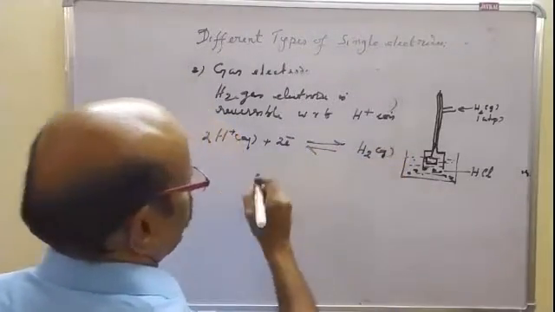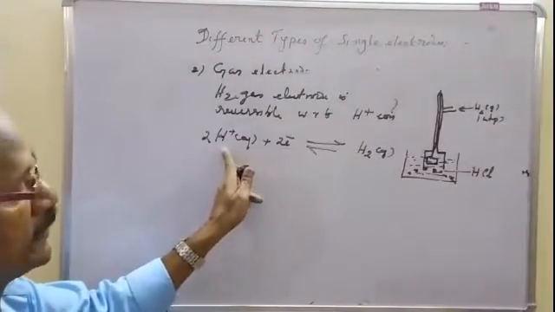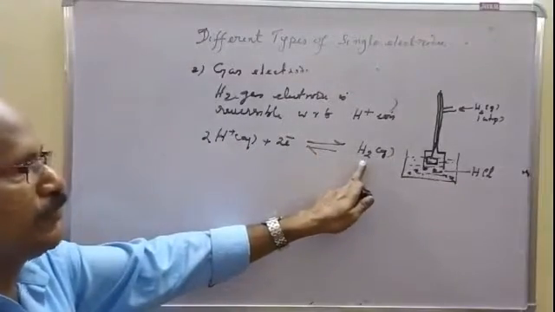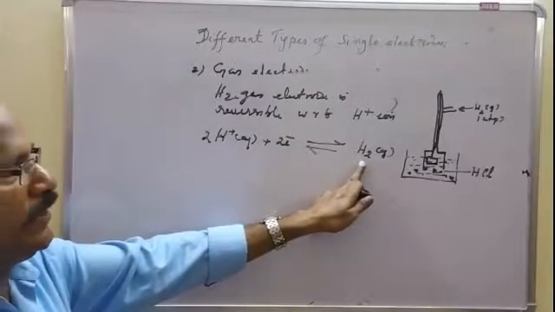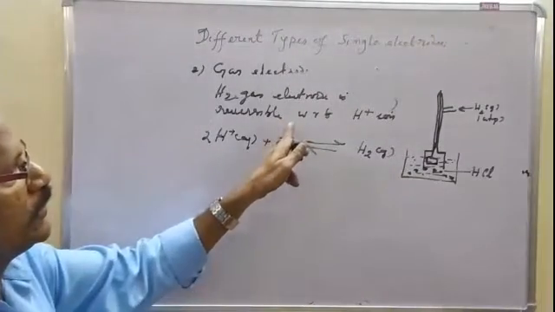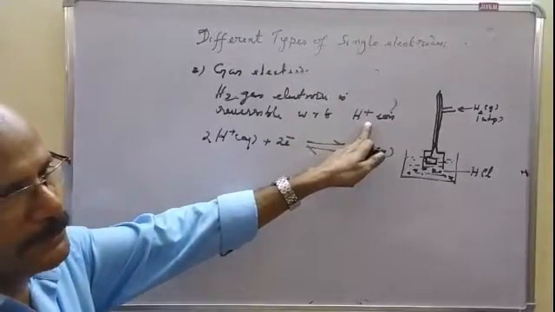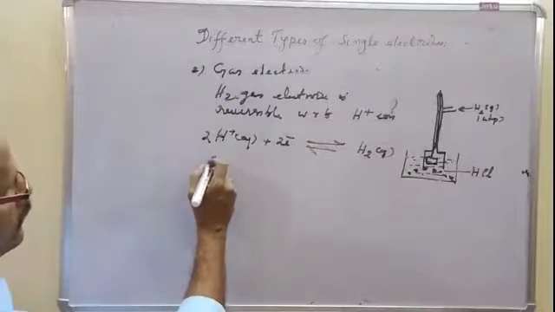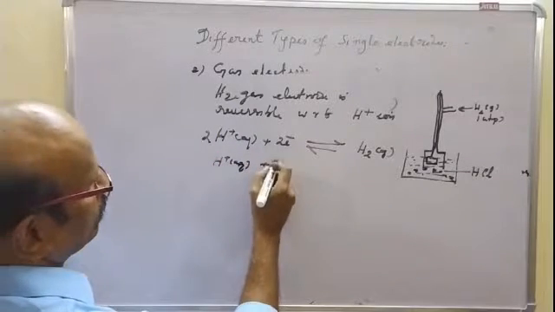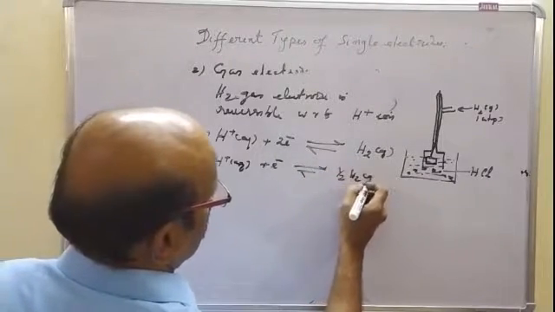This is the electrode reaction in terms of reduction. So it is called an electrode in which hydrogen gas is reversible with respect to H plus ion. It can also be written as H plus aqua plus electron reversibly gives half H2 gas. Both are correct.